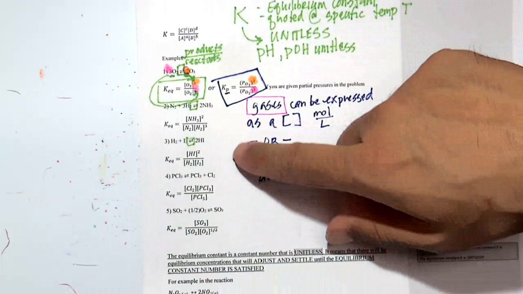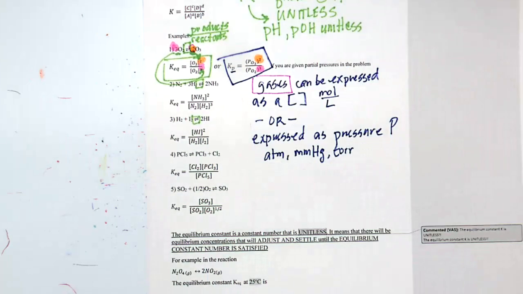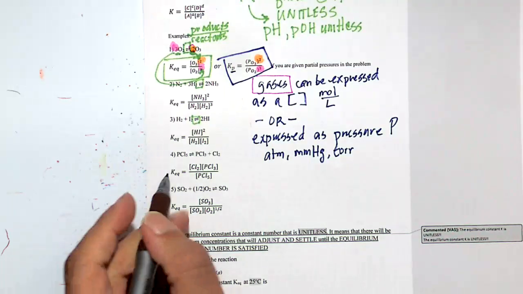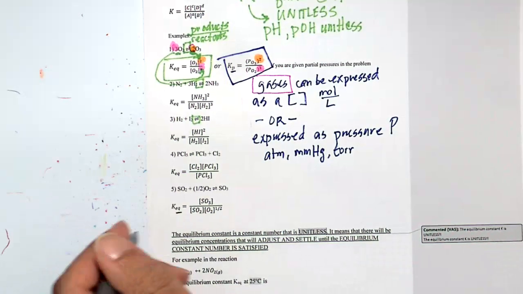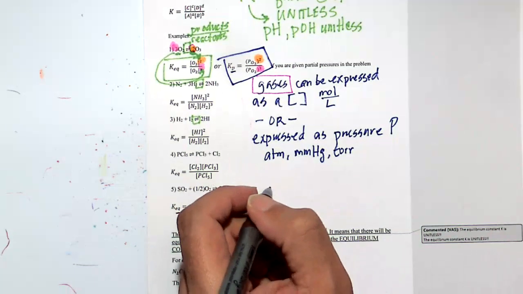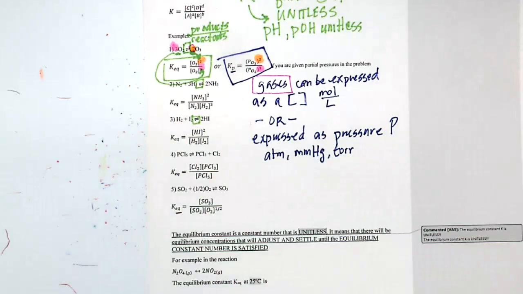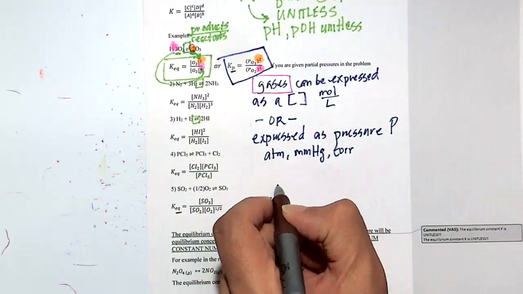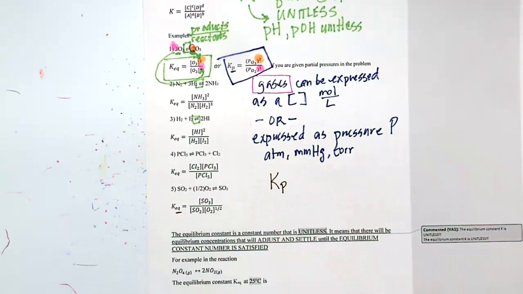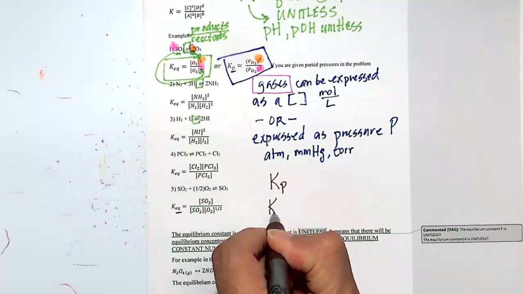All right, so here I have it in all these different expressions. All right, so a word about subscripts. So here I have KEQ. Okay, that stands for equilibrium. But what I want to tell you guys is don't worry so much about the subscripts. Because you're going to see we have a KP here, which means pressure. We have a KC.